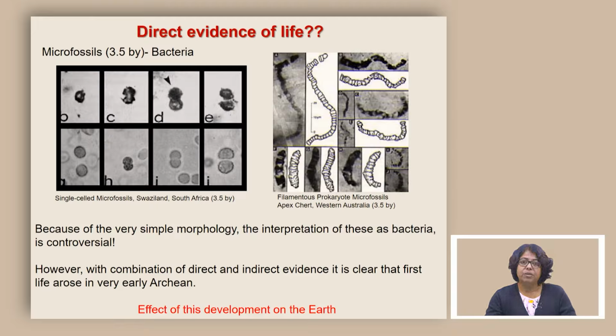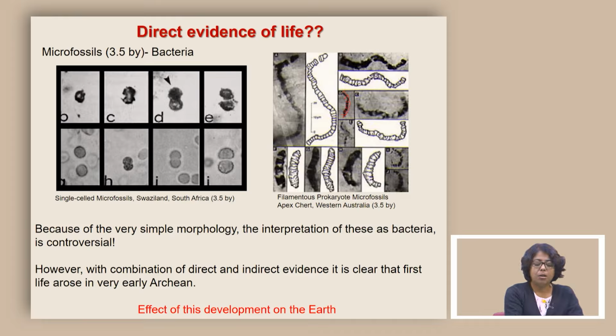The direct evidence of life comes from other places, and these are in the form of microfossils. So around 3.5 billion years ago, we started getting records of microfossils. Some of them look like these segmented worms, which have some grooves in them.